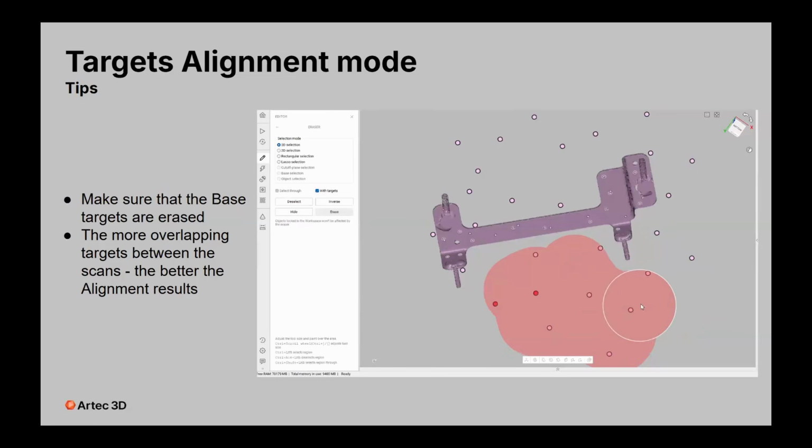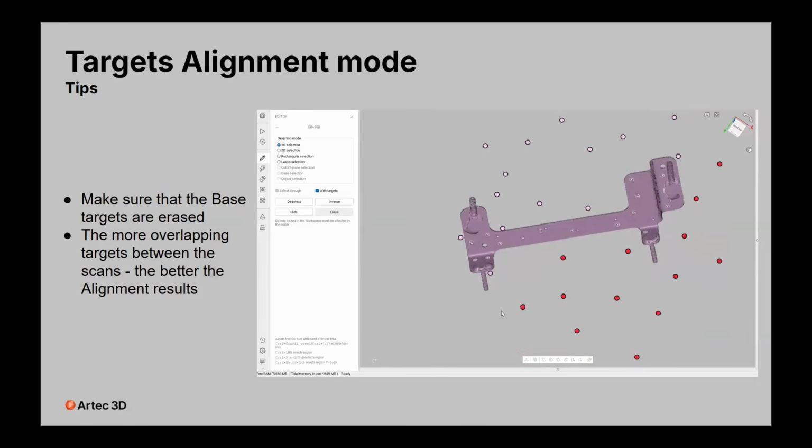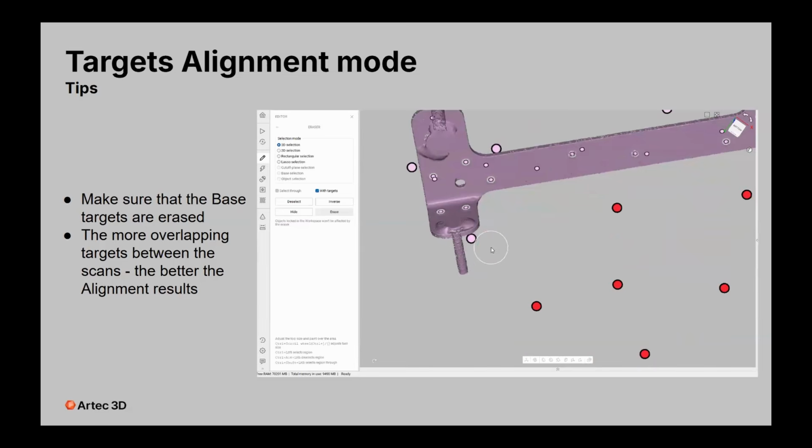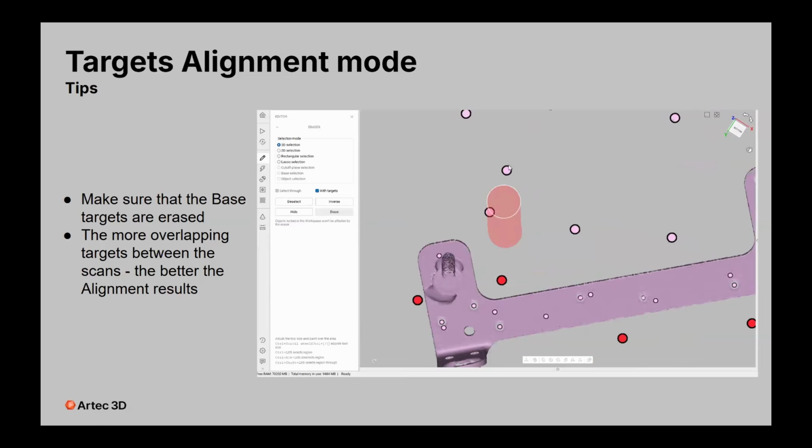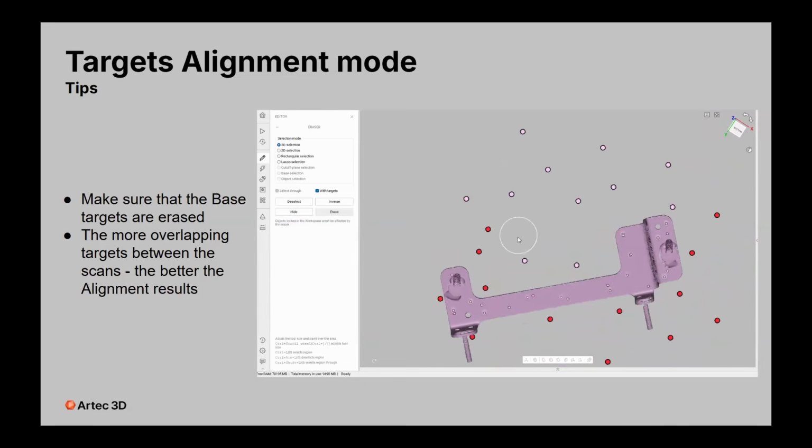And of course, the more overlapping targets between the scans, the better the alignment results. So ideally, you would want to have more targets in case you're aiming for the highest accuracy of your final model.